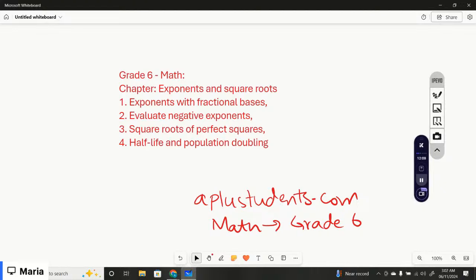We're going to start with the chapter exponents and square roots. The lessons we're going to cover today are exponents with fractional bases, evaluate negative exponents, square roots of perfect squares, half-life, and population doubling.